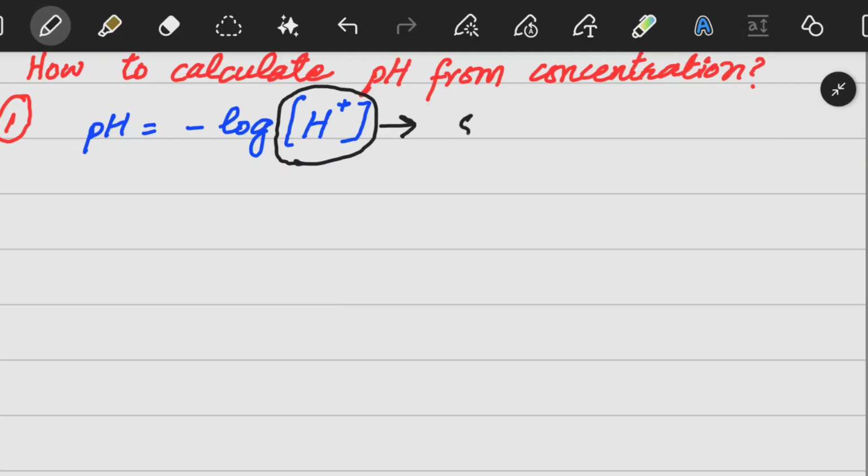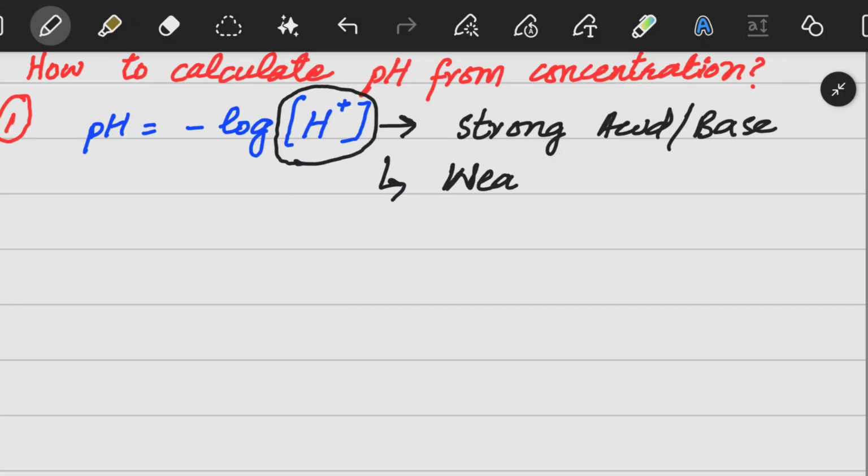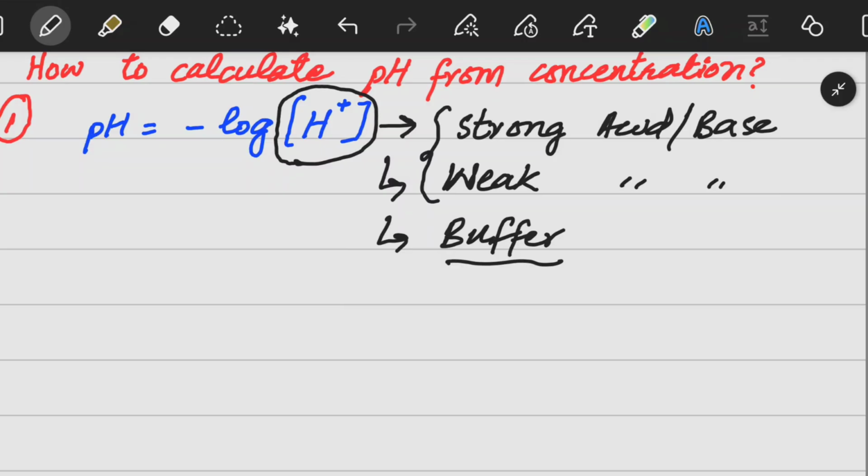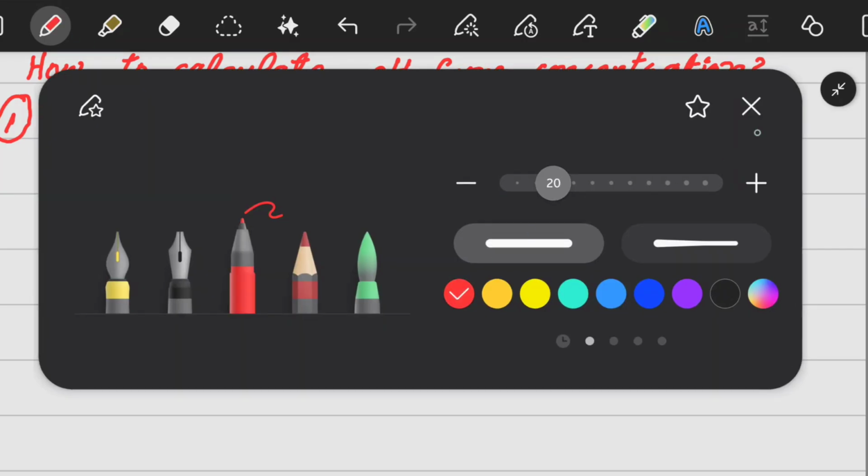The solution could be a strong acid or base, or it could be a weak acid or base, or it could be a buffer, right? In this video we will cover the first two real quick, and the buffer we'll just mention in another video. So first of all, let's have a look at the strong acids.